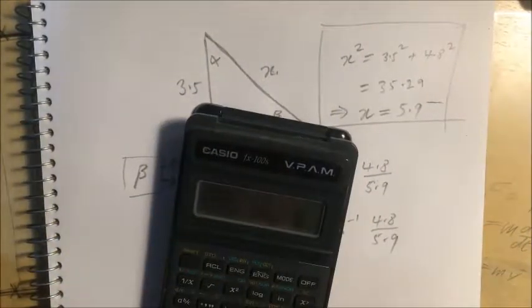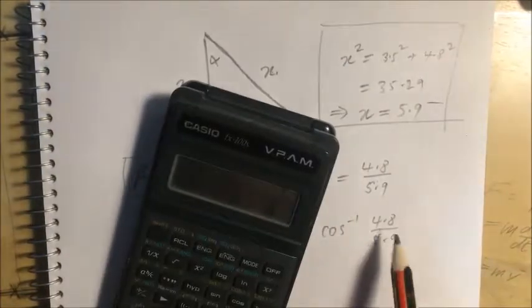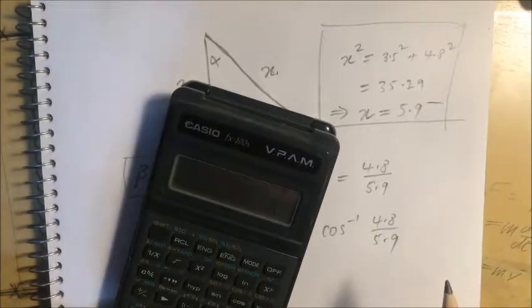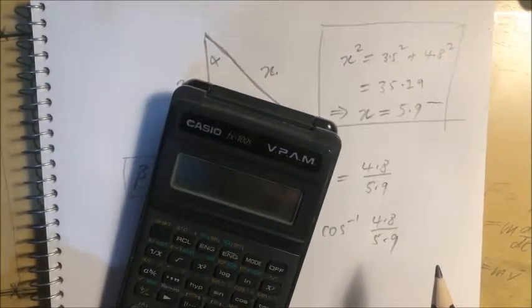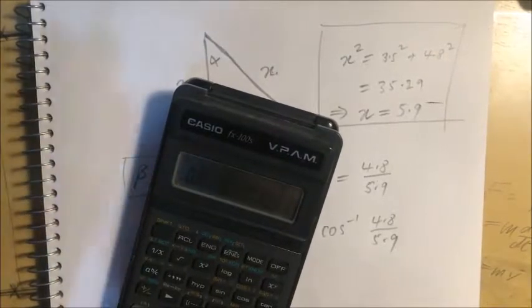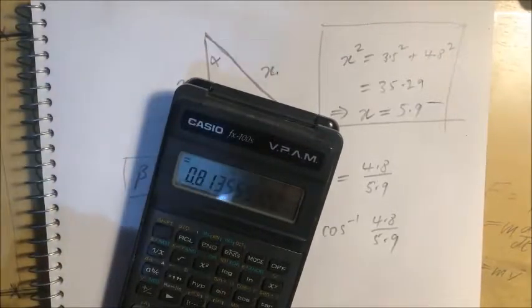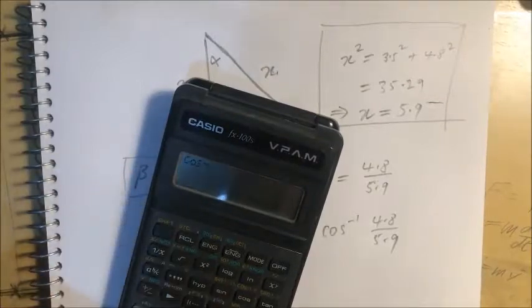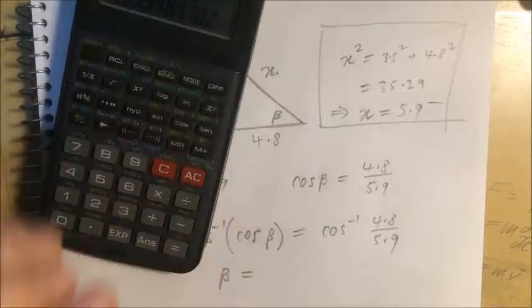What we do first is we work out this value, 4.8 divided by 5.9. Now that's a number. Then we go inverse cos, and we put our answer in, and we end up with 35.5 degrees.